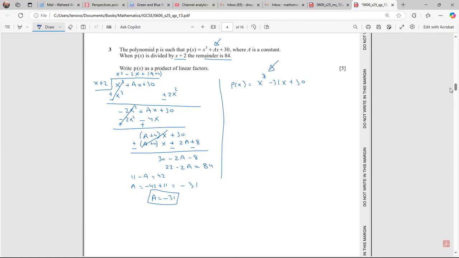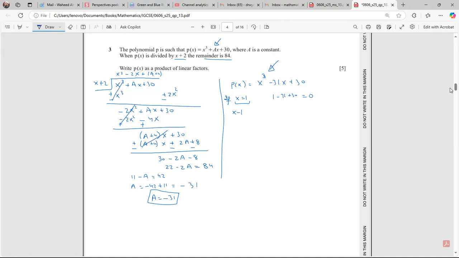Okay, we will hit and try. So let's say if x is equal to 1, if I substitute x equal to 1, it will become 1 minus 31 plus 30. So this is 1 plus 30, and this is 0. Okay, very good. So it means this is a factor of this polynomial. It means x minus 1 is a factor of this whole thing, this big polynomial.